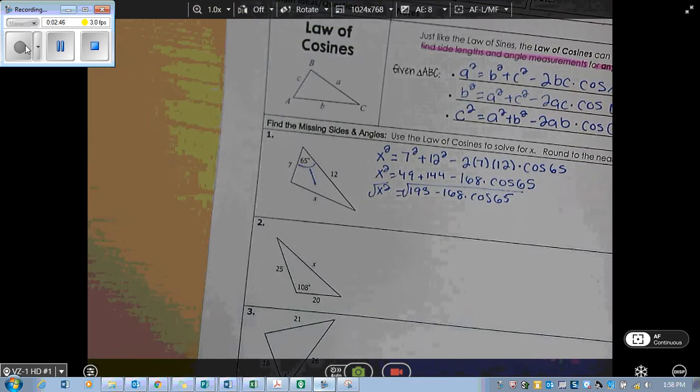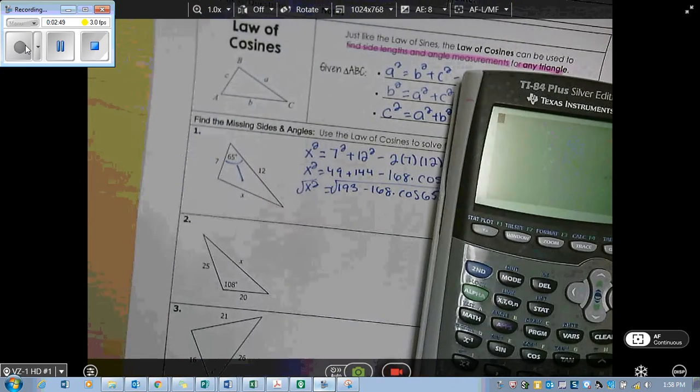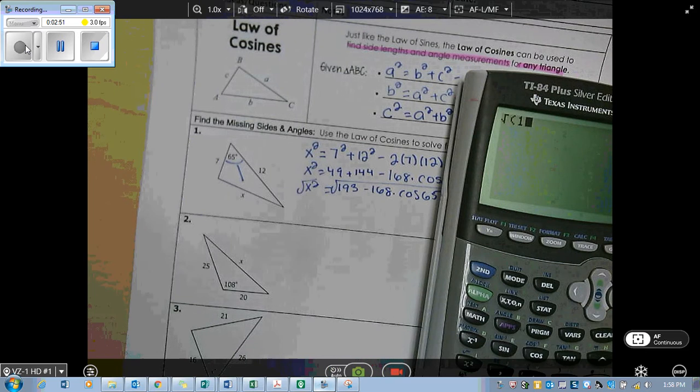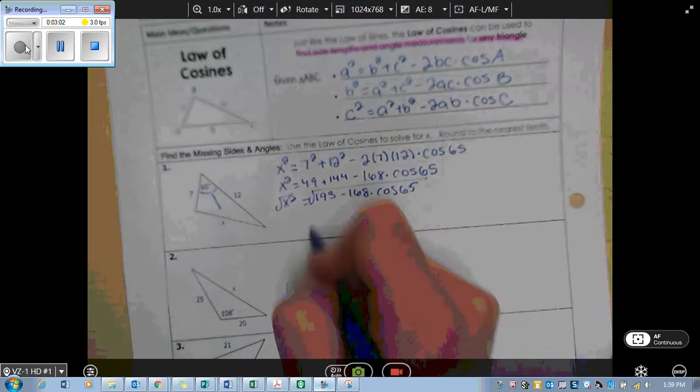Now I want to find X, so I can just take the square root of this whole thing. So we have the square root of 193 minus 168 times cosine of 65, and we get 11 rounded to the 10th, so we get X equals 11.